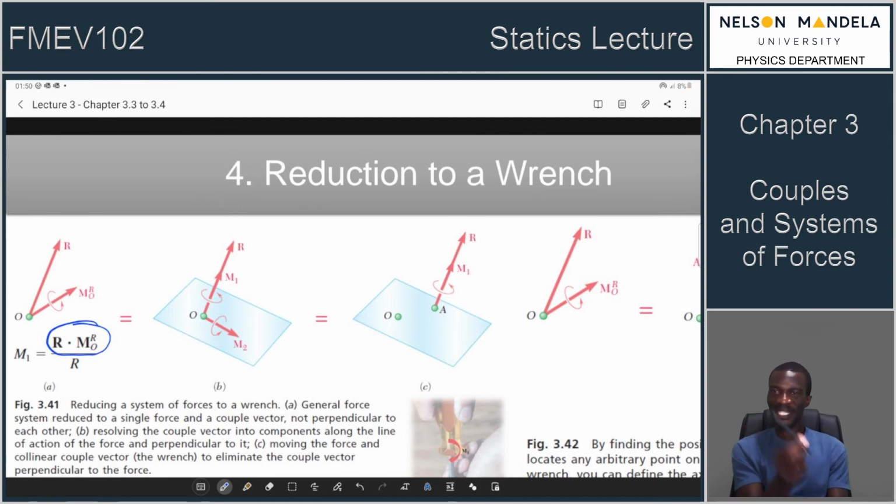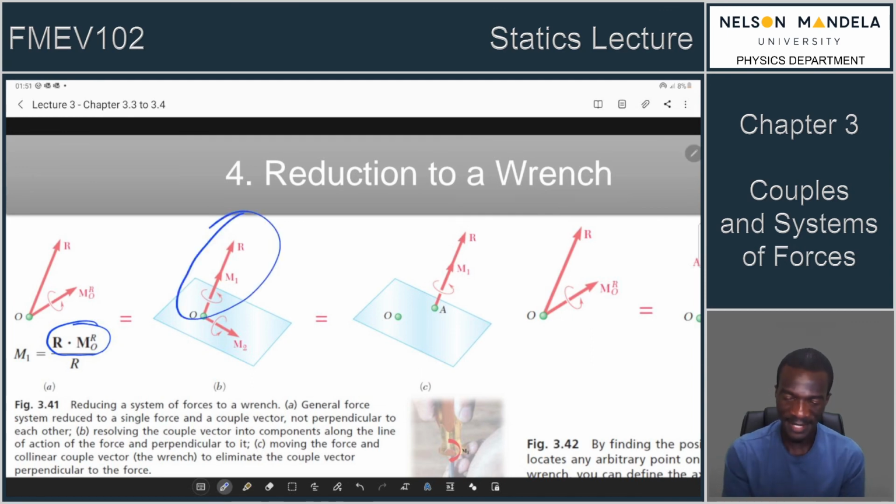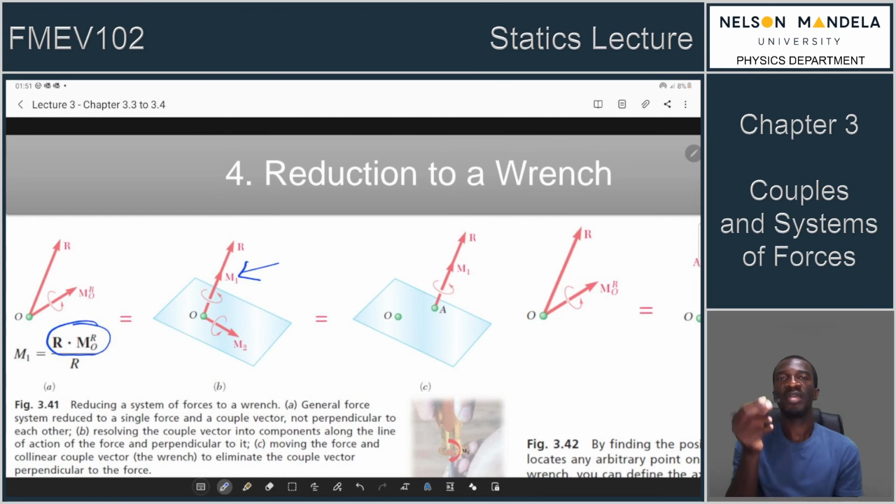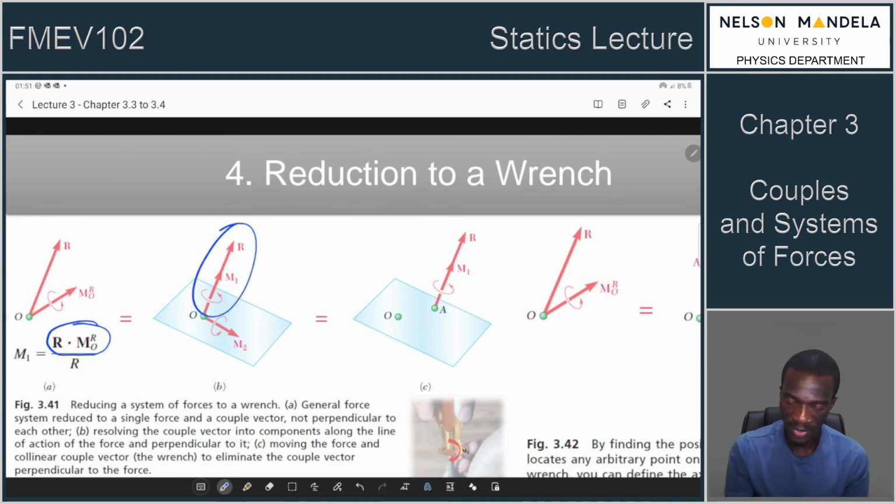So if you project that moment onto the resultant, then you already have them coaxial. This is what then takes place. So in the end, you have a projection of the moment resultant, which is now M1, which is the projection of the moment resultant onto what? Onto R. That is what we have on this part.